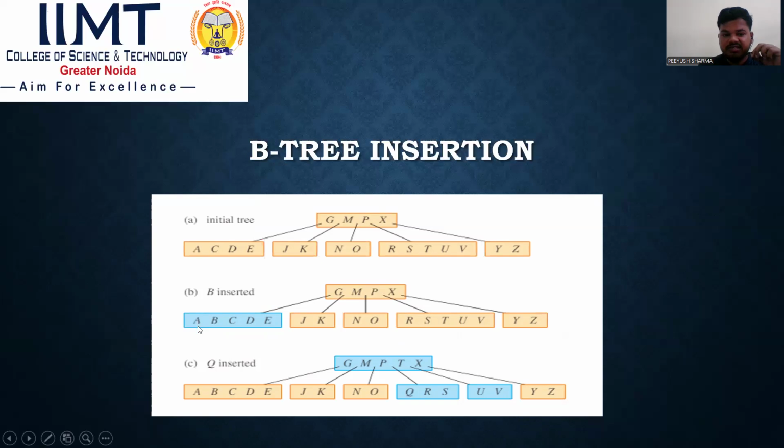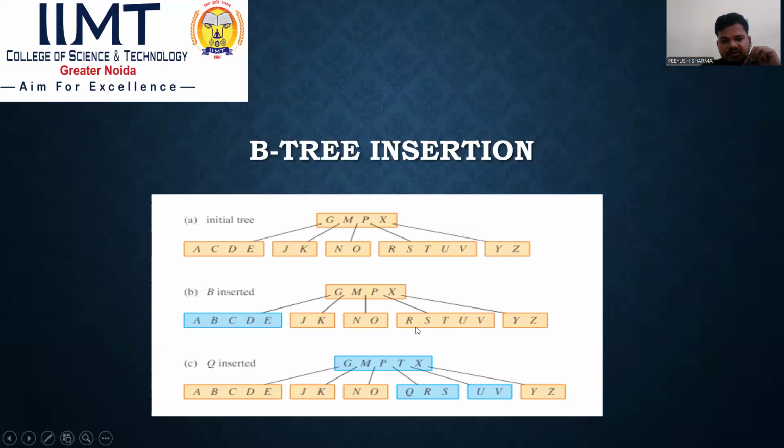We can see that B is inserted in this node, and the next key is Q. First we'll find the position of this Q, and we'll see that Q lies in this particular node. Why? Because Q is greater than C.